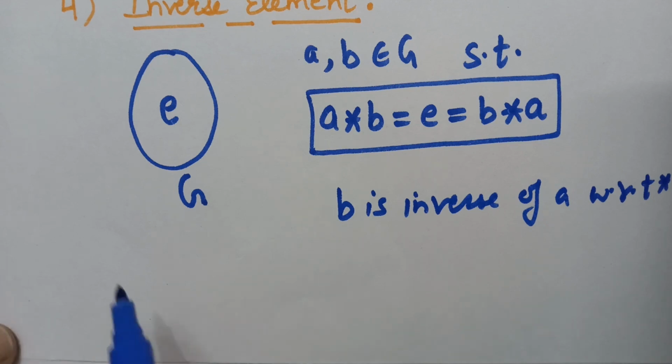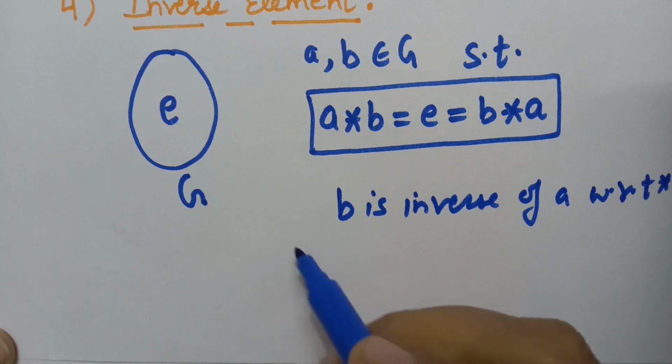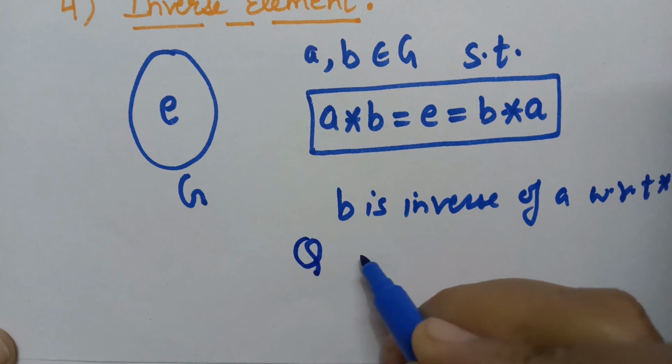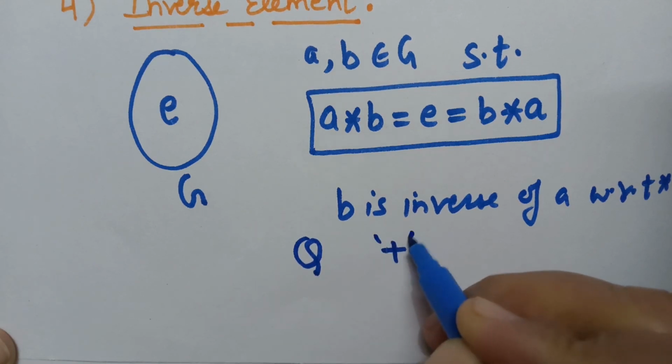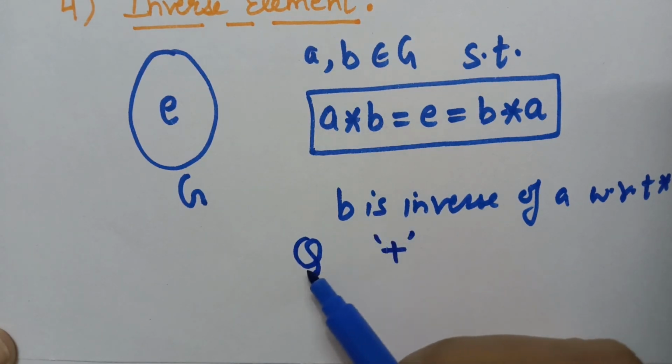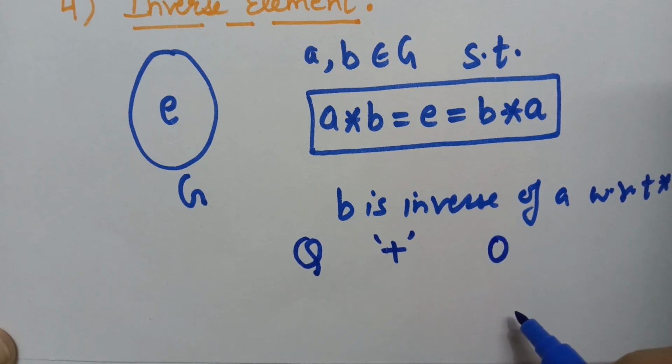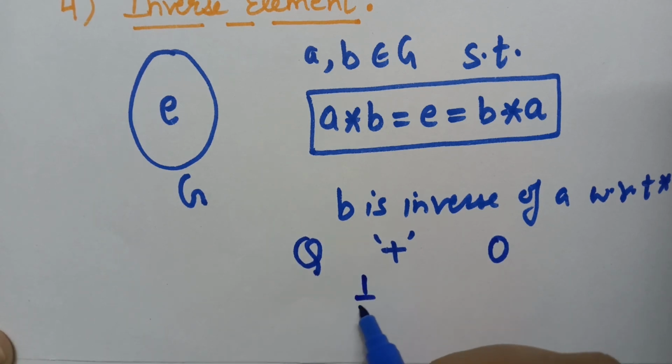Now, let us understand this with the help of an example. So, consider the set of rational numbers with binary operation addition. Firstly, we have to find out its identity element, and we know 0 is its additive identity. Now, say we have to find the inverse of 1 by 2.